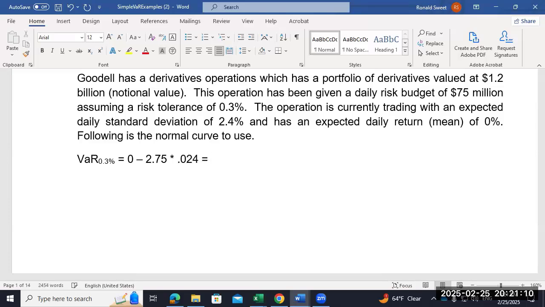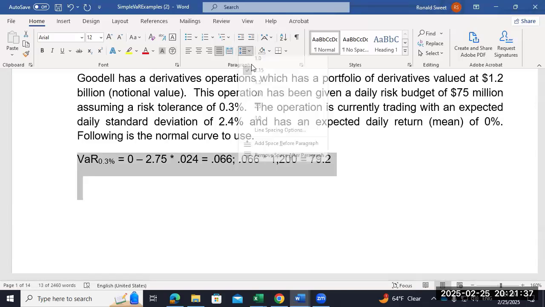Before, what did you get there? 6.6? Yeah. Okay. What is that in dollars? 0.66 times what? What'd you get? Did they pass or fail? Looks like they failed.